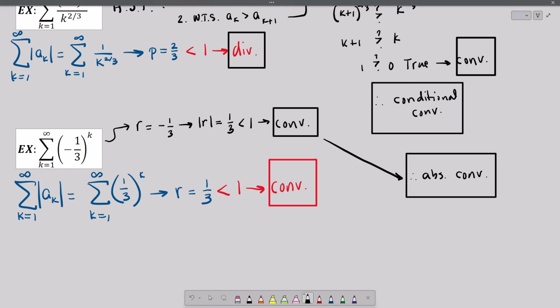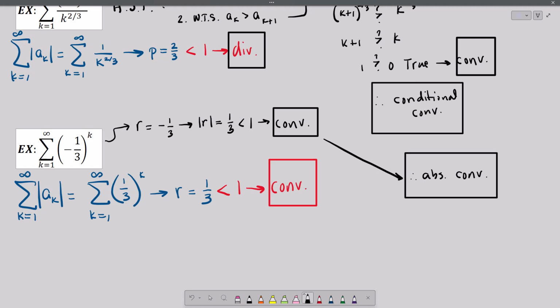Now, we did the first step and got that the series of absolute values converges. If you were super nerdy and mathy, you could say that if the series of absolute values converges, then by the theorem we just had, it should have regular convergence also. If you take away the absolute values and throw in some minuses, that still has to converge.